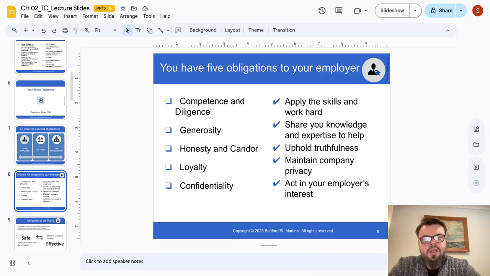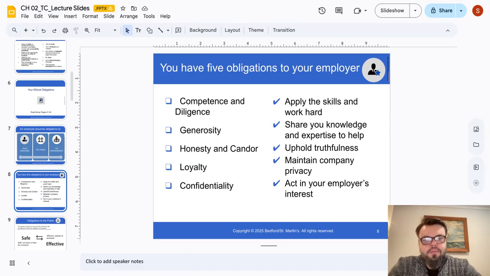Third is honesty and candor. This includes reporting problems that could affect safety or quality, even when doing so is uncomfortable. The chapter gives examples like manipulating research data, practices that may benefit an organization short term but are deeply unethical. Fourth is confidentiality.